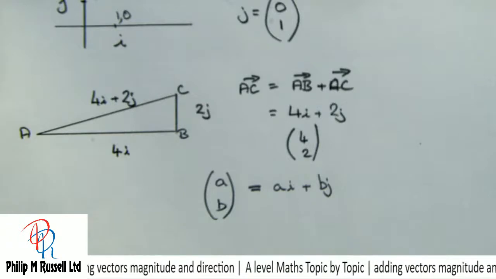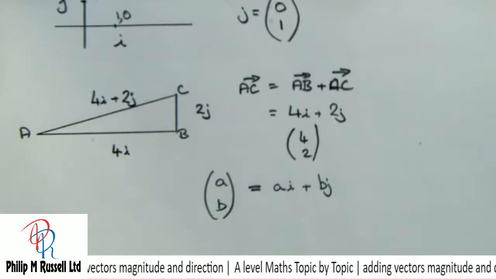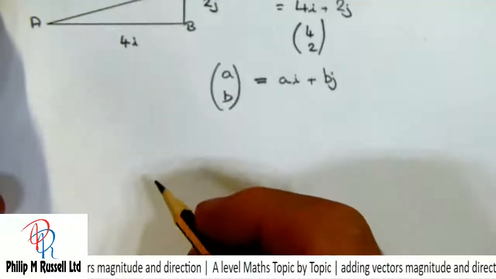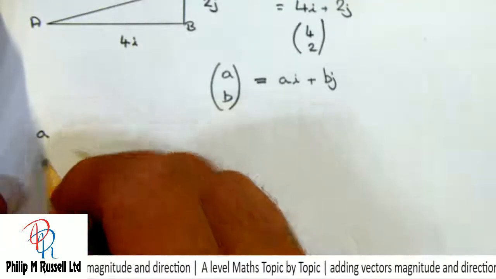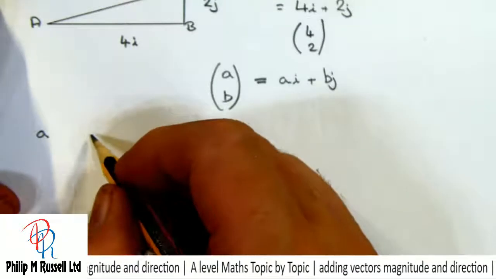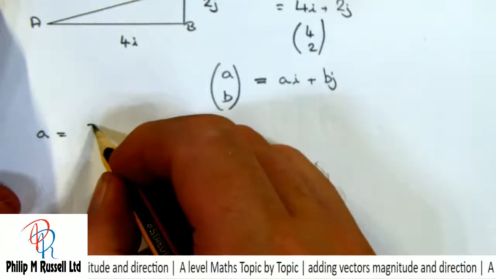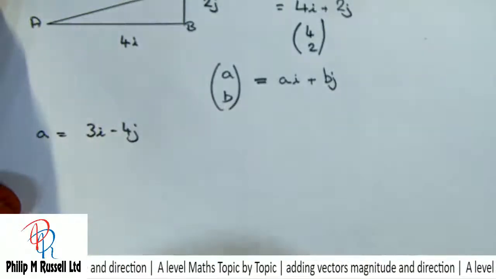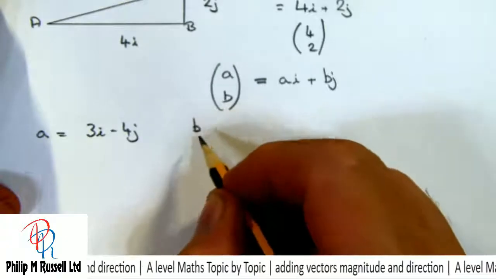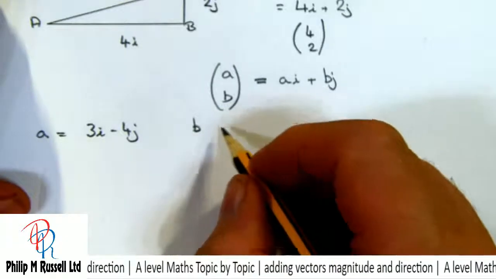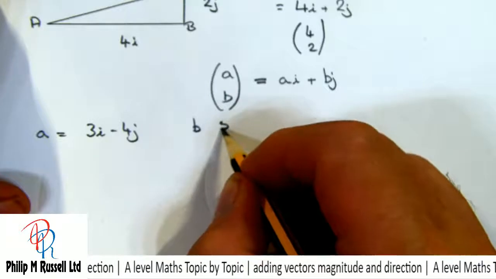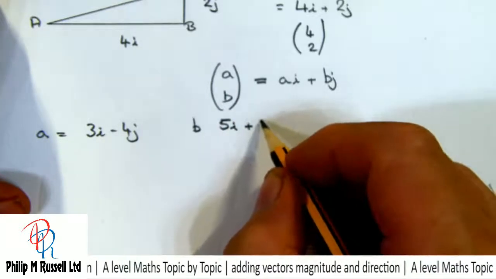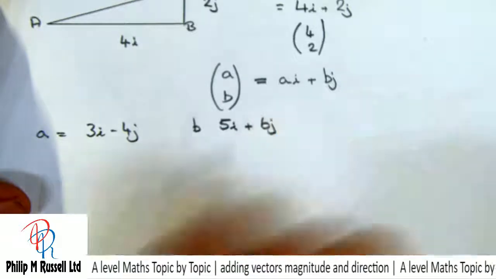So we can work out any particular vector. Let's have a simple example of this. Let's suppose I've got vector A, and this is going to equal 3i minus 4j. And let's have a different vector B, and this is going to be 5i plus 6j.